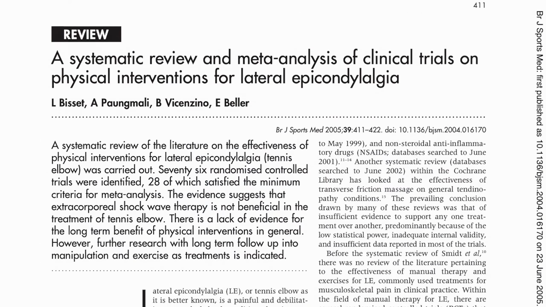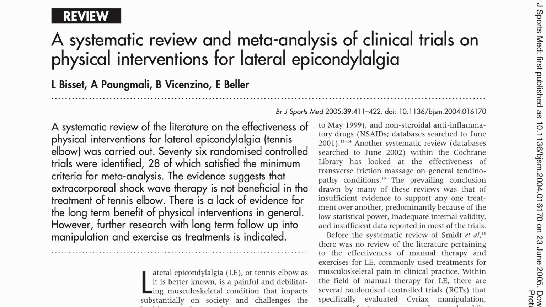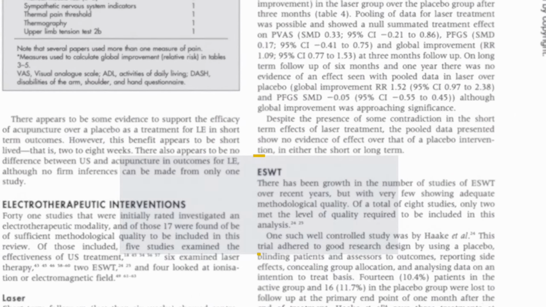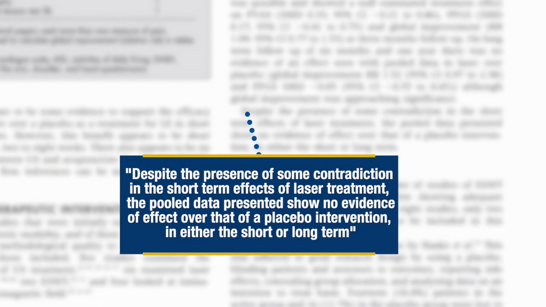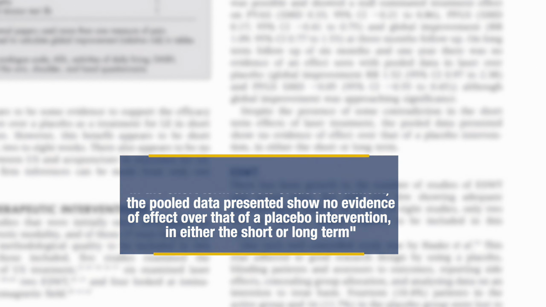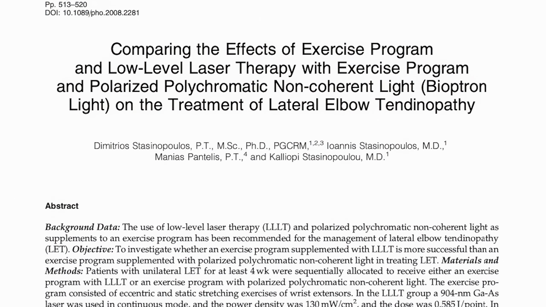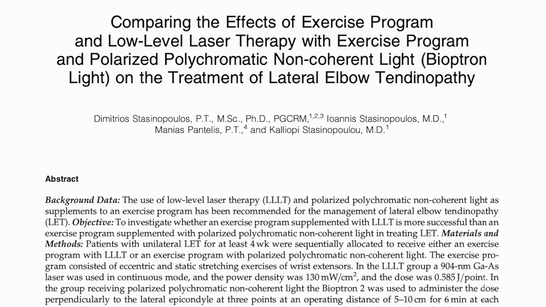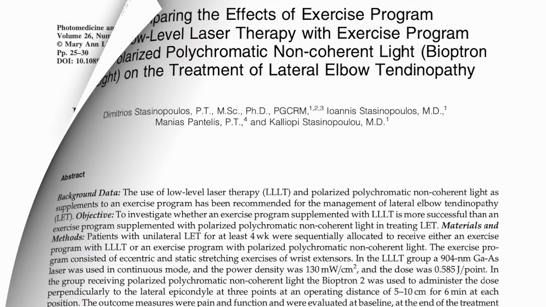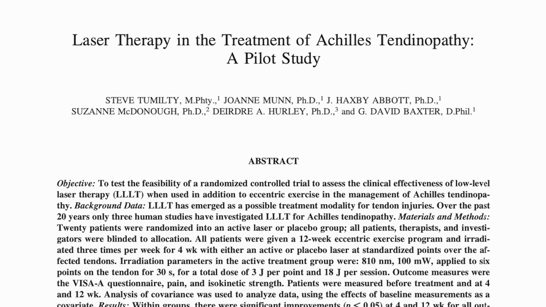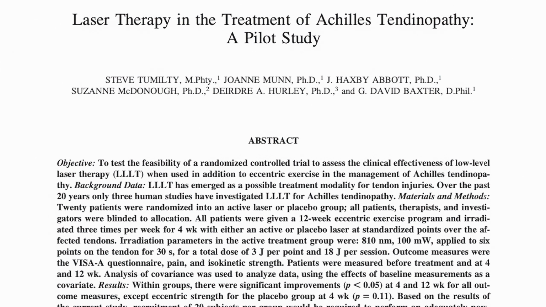A 2005 systematic review of studies of low-level laser therapy for patients with lateral epicondyle tendinopathy concluded that there was no clinically significant effect either in the short or long term compared with placebo, and several controlled trials in which patients were randomly assigned to treatment with low-level laser therapy or placebo laser reported that active laser treatment did not improve outcomes beyond those achieved with eccentric exercise.